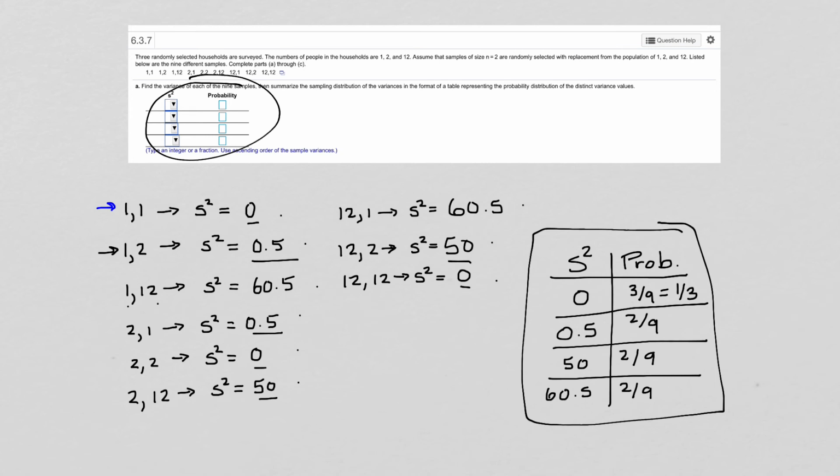But in order to verify that, I'm going to put S squared values into L1, probabilities into L2, and then I'm going to run one variable stats, where my list is L1, and my frequency list is L2.